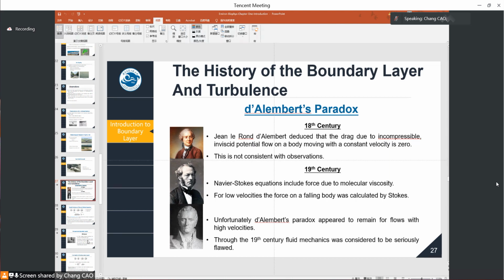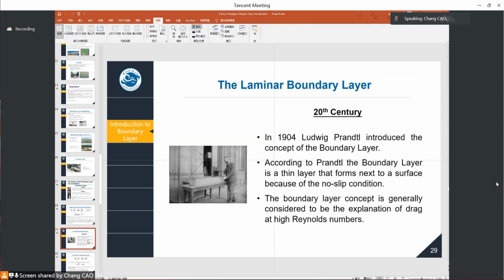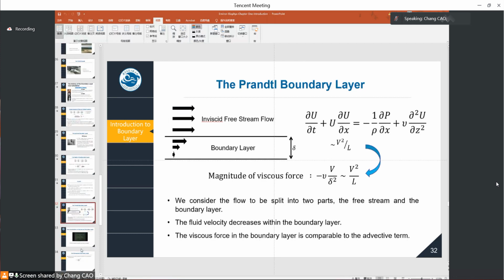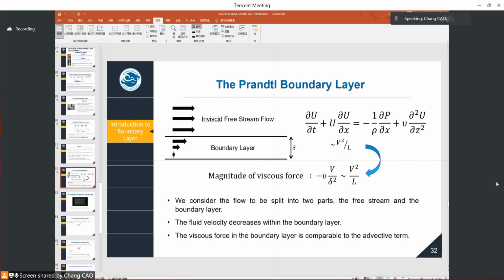Until the 20th century, Prandtl introduced the concept of boundary layer. From his theory, people found that viscosity is also very important in the boundary layer, and the viscous forces in the boundary layer are comparable to the advective term.